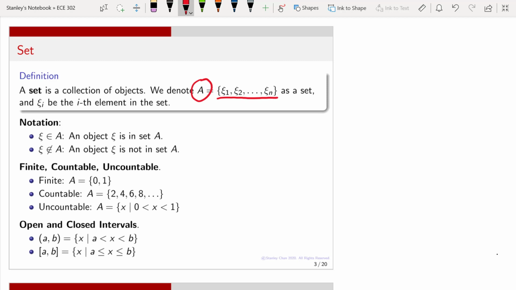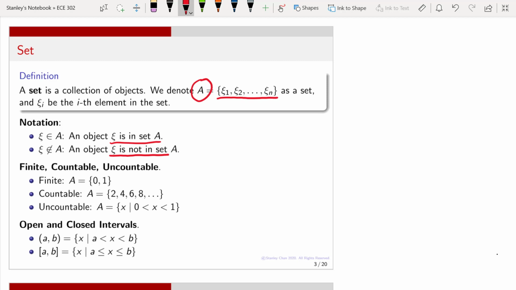Now I want to introduce some notations for the set. If I write this notation here, I mean that an object psi is in the set A. If I put a stroke that goes across this notation, then I mean that this element psi is not in the set A.